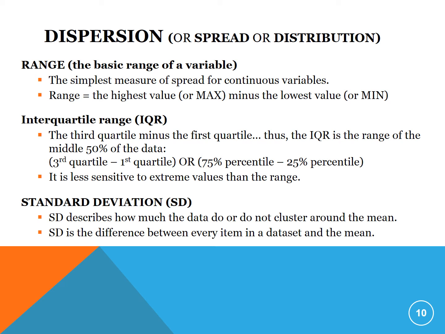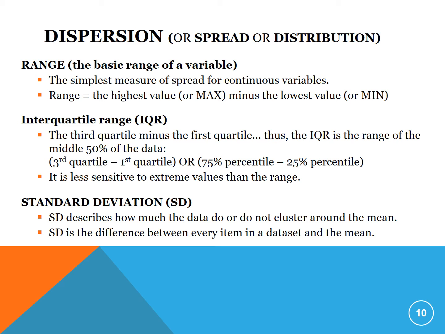Next is dispersion. So we just talked about the 3 ways of calculating the centrality of a variable's values. Now we're going to look at the dispersion, or the spread, or the distribution. Any of those 3 words describe how spread out the values are for a particular variable.